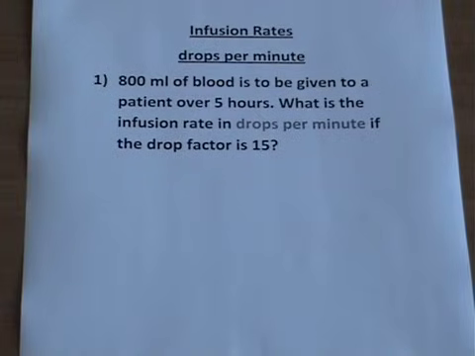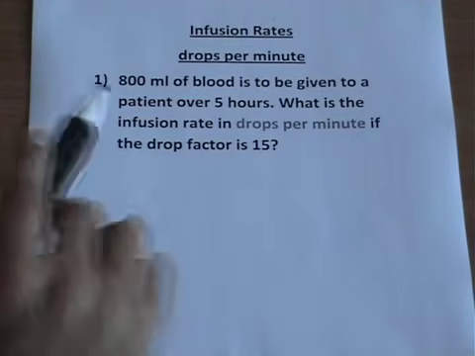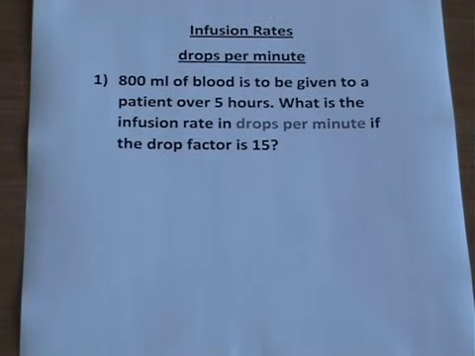Okay, let's look at question number 1. This says 800 mils of blood is to be given to a patient over 5 hours. What is the infusion rate in drops per minute if the drop factor is 15?